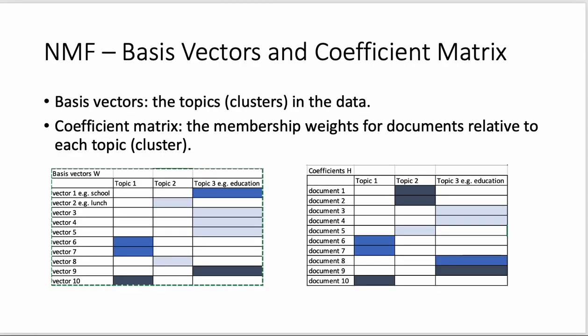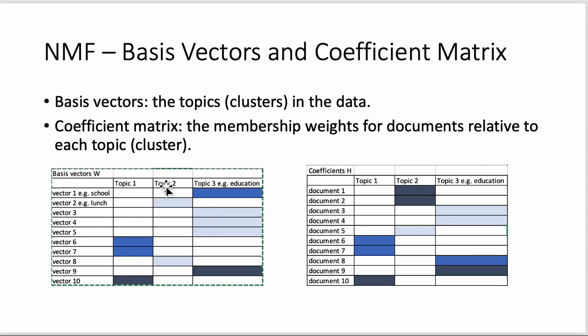So here's a visual for further explanation of how NMF works. We end up discovering the basis factors. Those are the topics or clusters in the data. And then we have a coefficient matrix on the right which is the membership weights for documents relative to each topic.